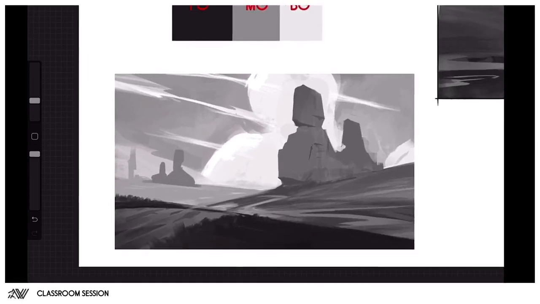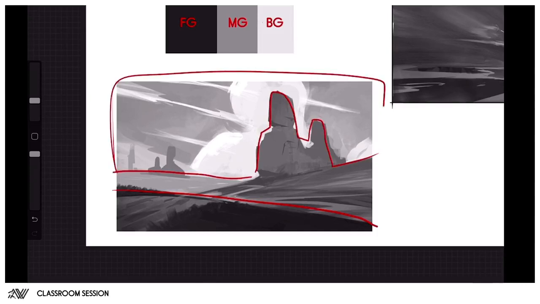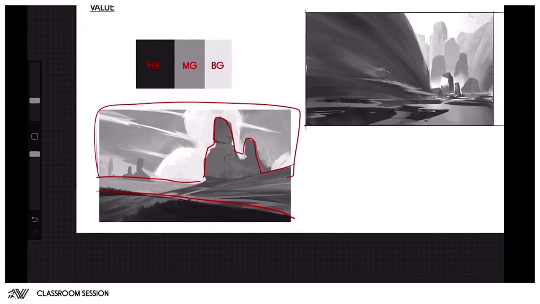It's a bit of an exception, but still, I have a pretty dark foreground. Sorry, I have my slightly less dark midground, and then I have a lighter background, right? And just these elements add depth into your scene. It's one of the most commonly used ways to just create depth into a scene.